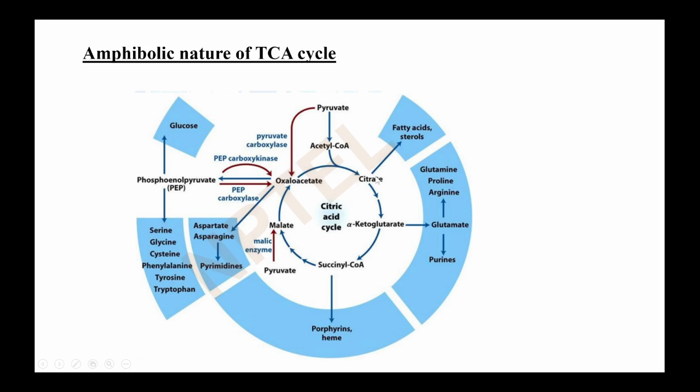Okay, so now if the citrate is going to go for fatty acid synthesis, or alpha ketoglutarate is going to go for glutamate synthesis, then there will be a need to replenish these citrate or alpha ketoglutarate or malate or oxaloacetate in the cycle, right? So you see the cycle starts with oxaloacetate, where the acetyl coenzyme A enters the TCA cycle, and along with oxaloacetate it forms citrate.